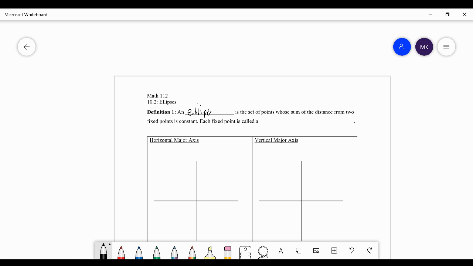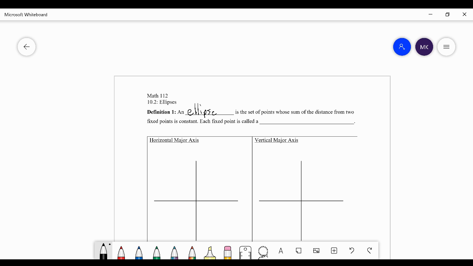Last time we talked about a parabola, which had equal distance from a fixed focus point and a line we call the directrix. Those two distances were equal for all points. With an ellipse, all of the points have a fixed sum of distances from two focal points.